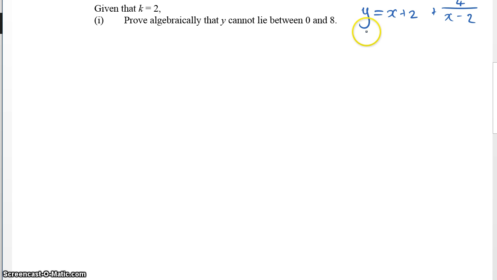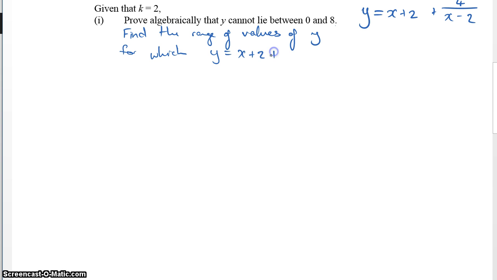So, what does that mean? Let me translate this a little bit for you. What would I say if I asked a slightly different question: find the range of values of y for which y = x + 2 + 4/(x - 2) has no real roots?